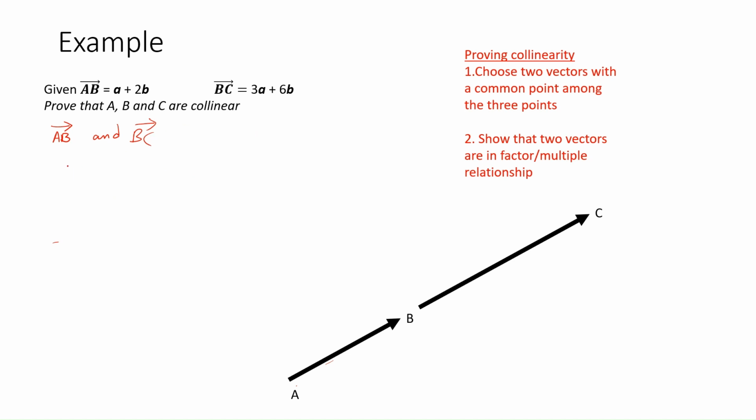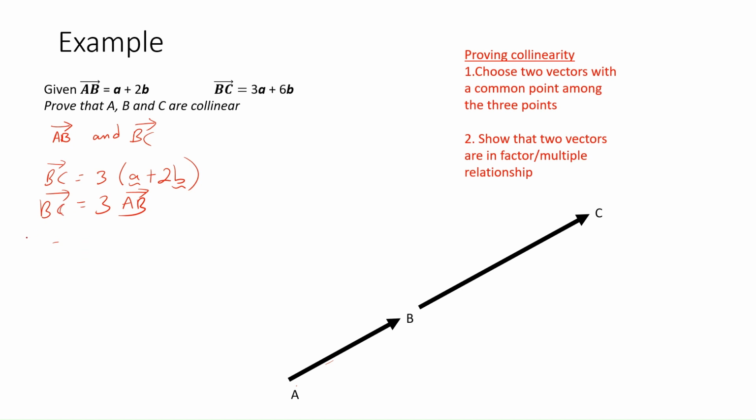So I'm going to start from the one that looks bigger, BC. 3A plus 6B. If I take out common factor 3, it's going to become A plus 2B. Again, this looks exactly like AB. So 3AB. So again, BC equals 3AB. Oh, in case I forgot, you need to write a proving statement later on.